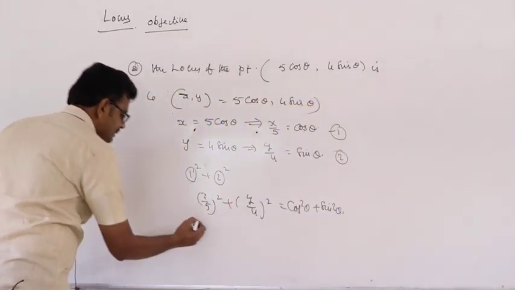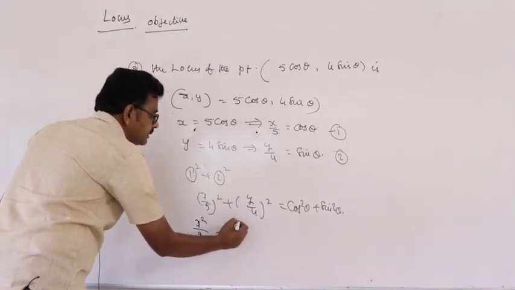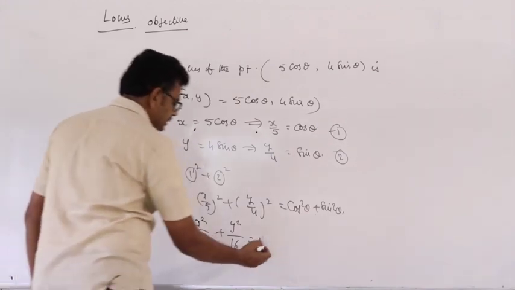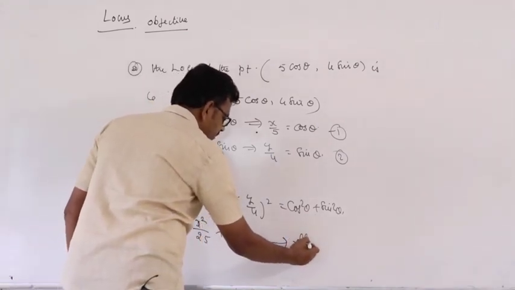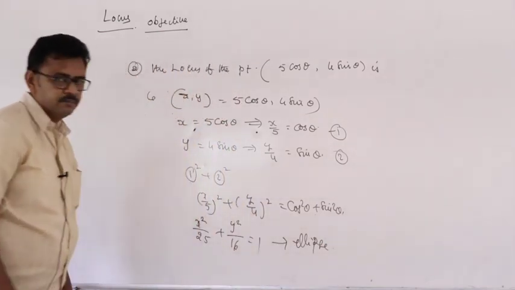So this is x square by 25 plus y square by 16 is equal to 1, which is an ellipse. Okay, the locus is an ellipse.